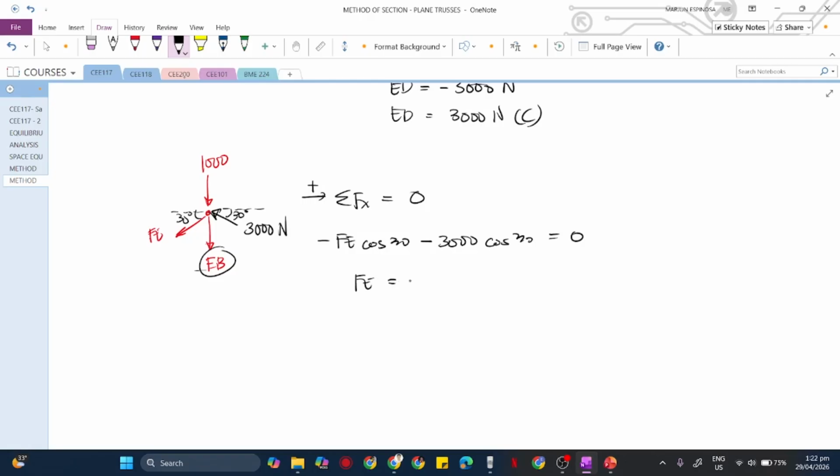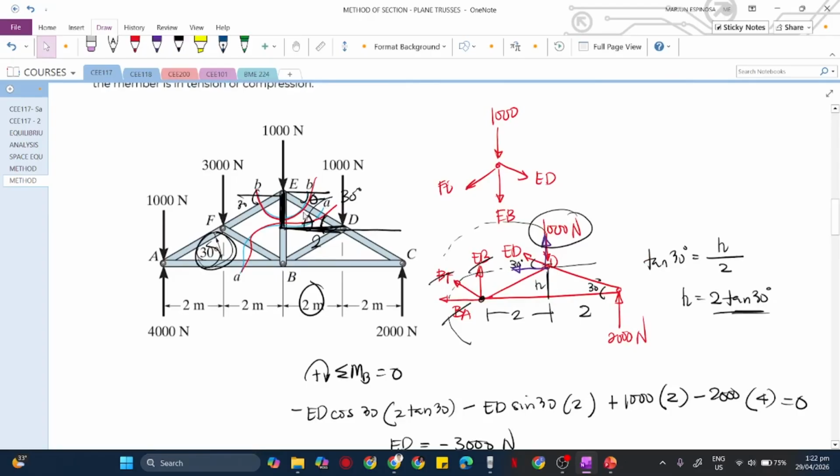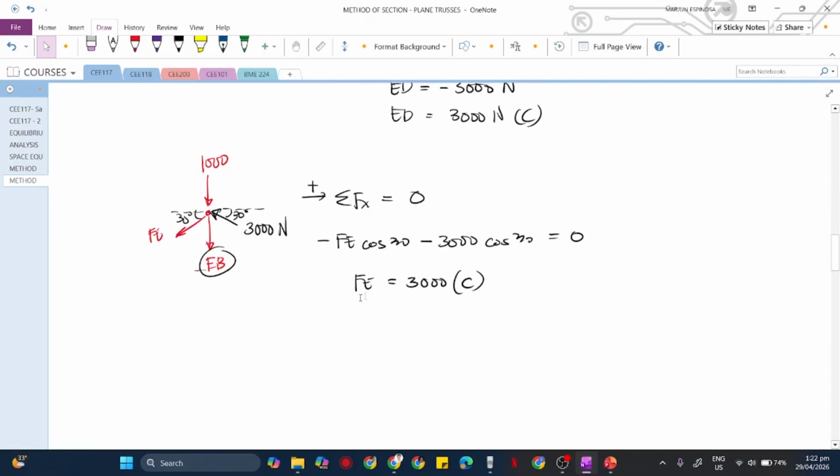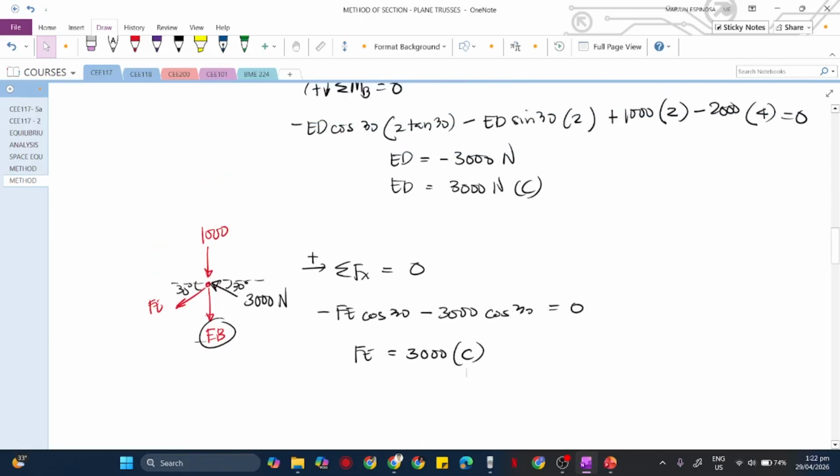Negative 3,000, compression din yan. As you can observe, symmetrical lang yung thrust natin. So, dapat same din yung magiging force ng EF at saka ng ED.